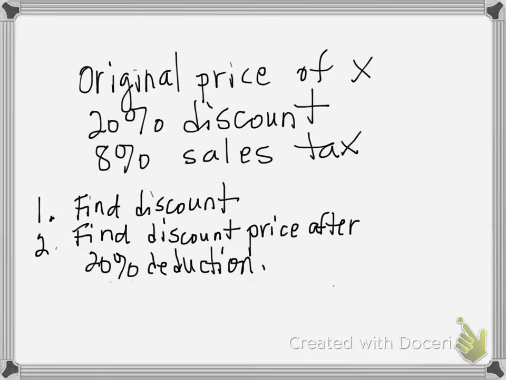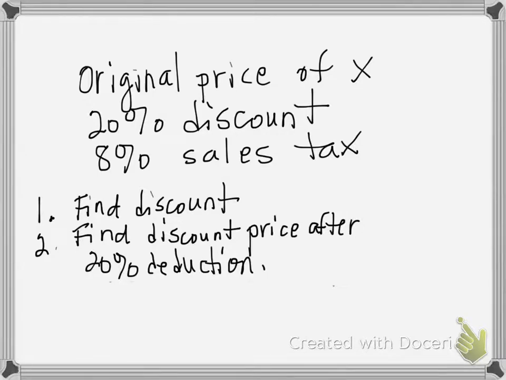So let's go over these steps one more time before we close, talking about taking an original price, applying a discount, and then adding sales tax. A couple of steps, and these are just the first two. We'll talk about some others as well. Step number one, let's talk about our scenario.